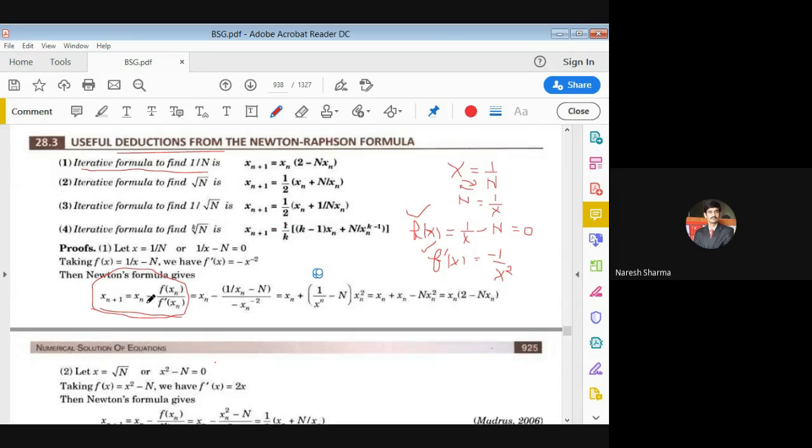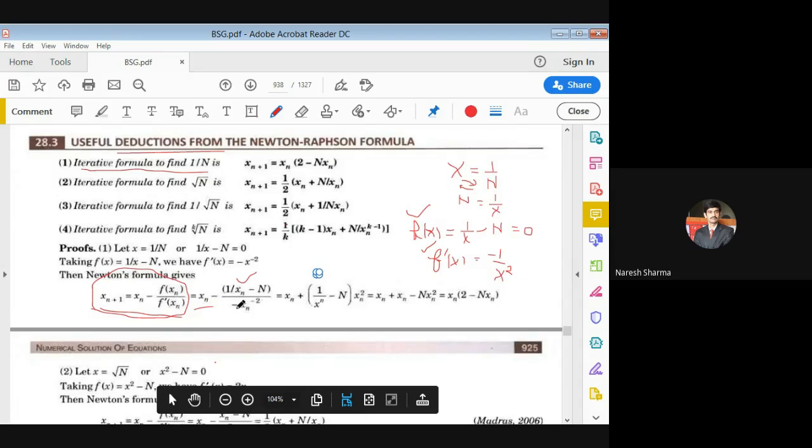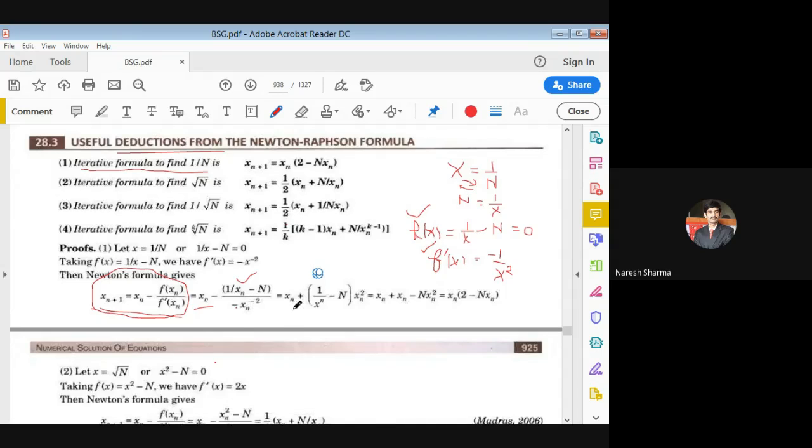So it can be written as x n, and f dash is 1 by x n. Instead of x we are writing here x n, so it is 1 by x n minus n divided by, this can be written as minus x n raised to power minus 2. So after rewriting, minus and minus become plus, and this negative power goes upside, that becomes x n raised to power plus 2.